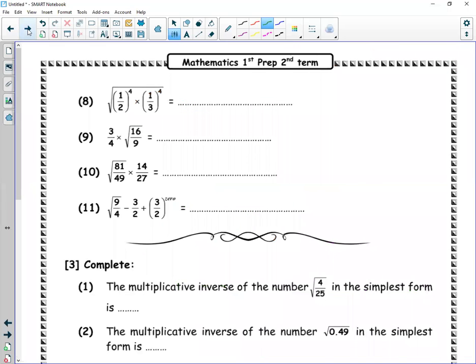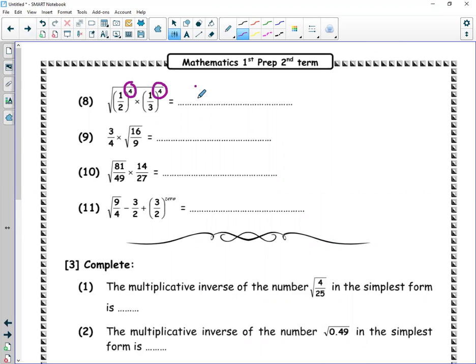Number 8, the square root of 1 over 2 power 4 times 1 over 3 power 4. How can we solve this question? The square root will take half of the powers, 4 and 4.